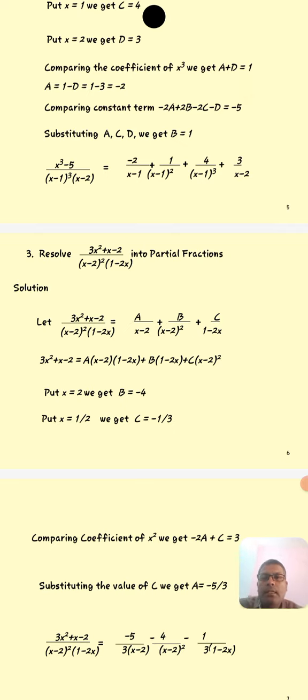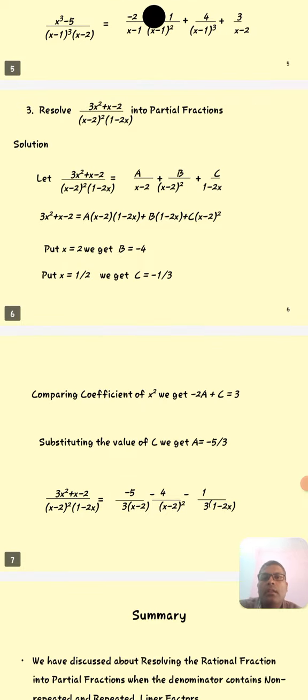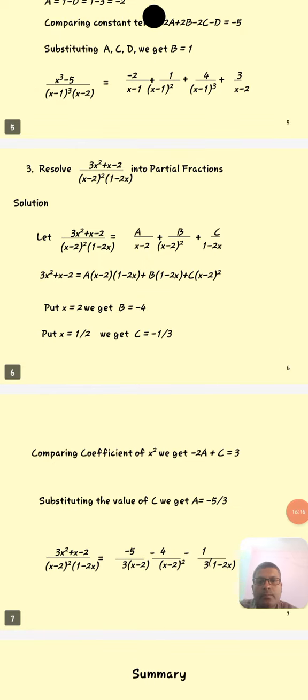Now we see the next problem. Third problem: resolve 3x square plus x minus 2 divided by x minus 2 whole square into 1 minus 2x into partial fractions. Here you observe the numerator and denominator degree.